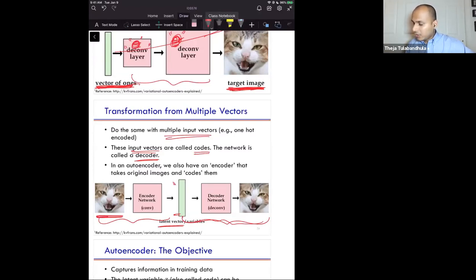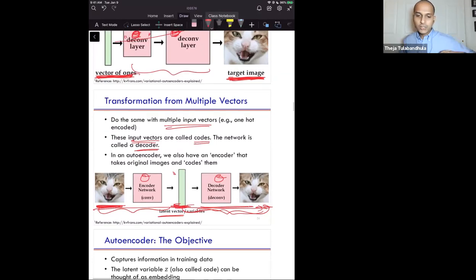All I'm saying is you can go from an image to a vector. That is possible, and there's going to be a bunch of weights here. And you can also go from a vector to an image, so there's going to be a bunch of weights here too, and we spent some time trying to understand this part. The moment you have this pipeline of going from an image to a vector and then from the vector back to an image, that's essentially what constitutes an autoencoder.